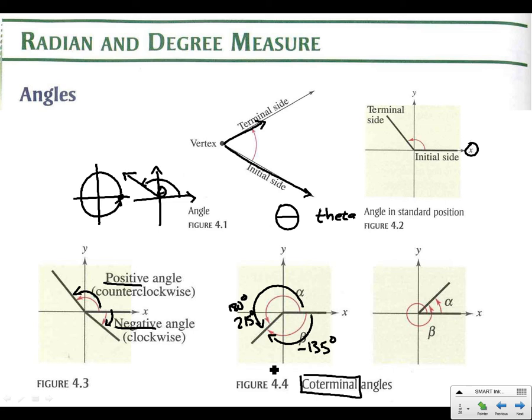Those two angles, 215 and negative 135, are coterminal angles because we end up at the same terminal side in the same location. So if we notice here, this positive angle going all the way around the circle is the same as just going the short distance and not going around the circle. So alpha and beta would be the coterminal angles. Not the same angle, one's big and one's small, but they end in the same spot, so coterminal.